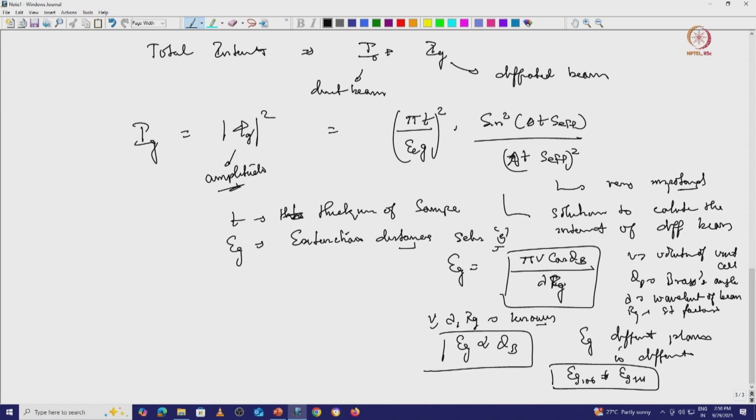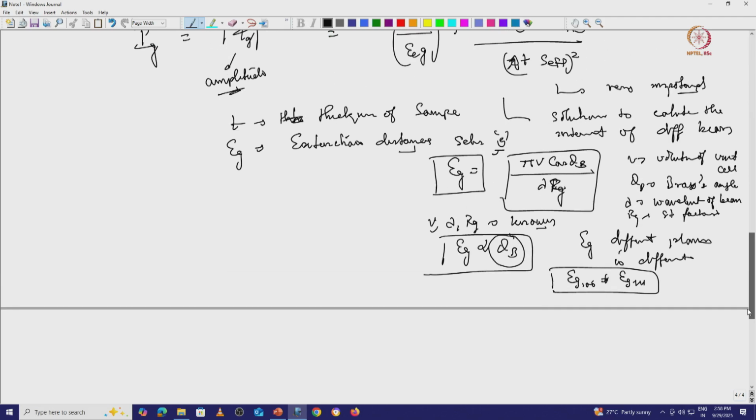Okay. So this is the definition of extinction distance. So more physical interpretation of extinction distance, I will come to that later, but to understand this equation you have to remember that this extinction distance is directly proportional to your theta b. So your extinction distance for different atomic planes is different.